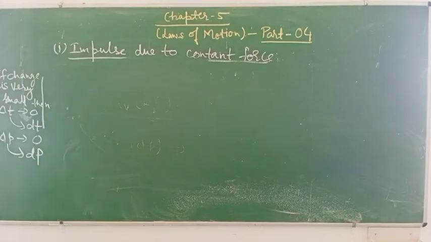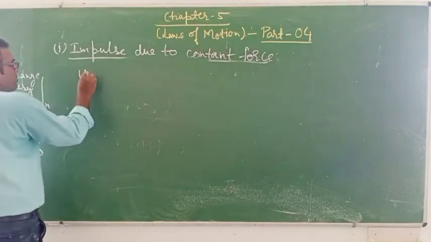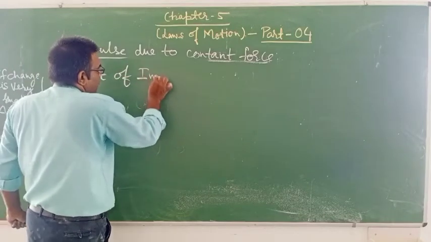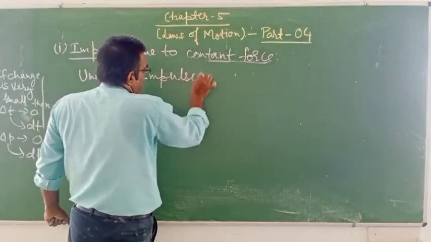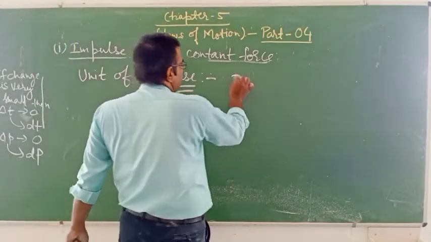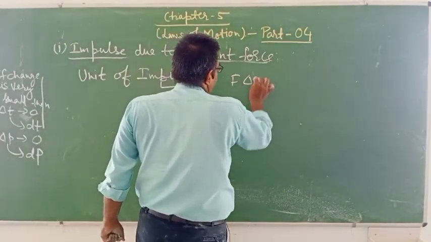Now dear students, we will discuss the unit of impulse. As we have discussed, impulse is F delta t.